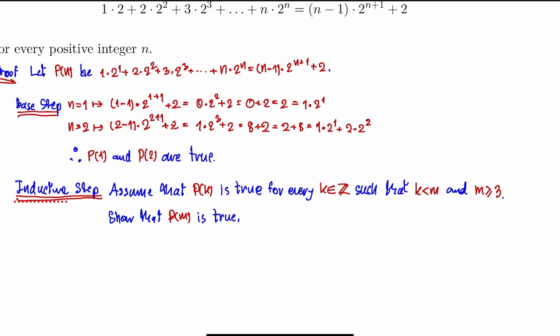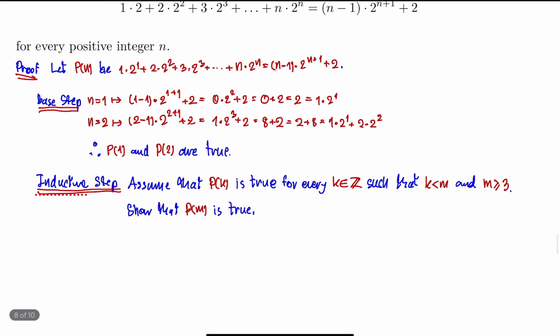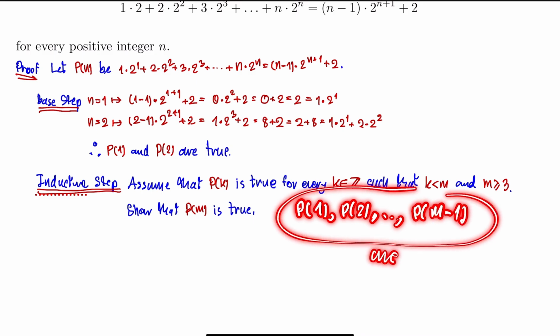Okay, so this is strong induction, in which the assumption of the inductive step is that P of 1, P of 2, all the way to P of m minus 1 are true, and we try to show that P of m is true.